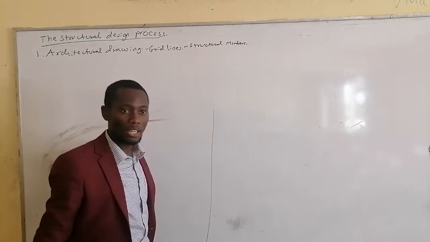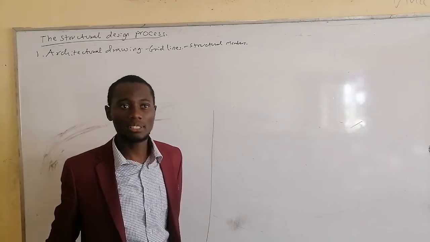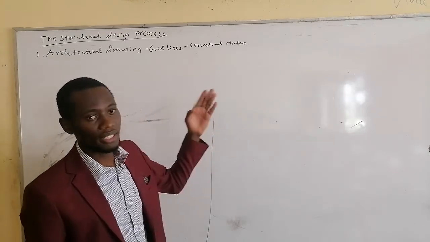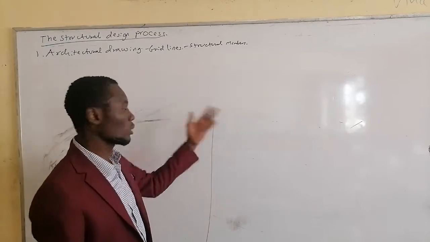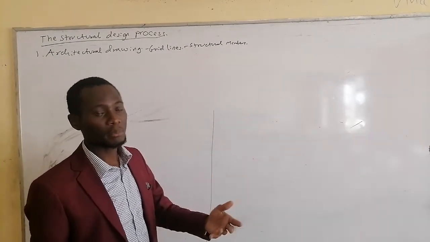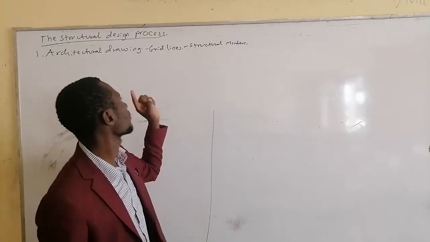I normally use these grid lines to label structural members. For instance, if a column crosses grid C and 1, we can call that column at location C1. So it easily helps us identify the location of these members.